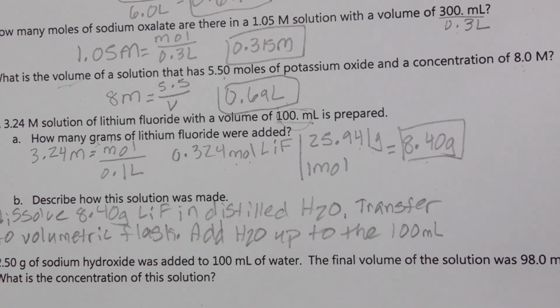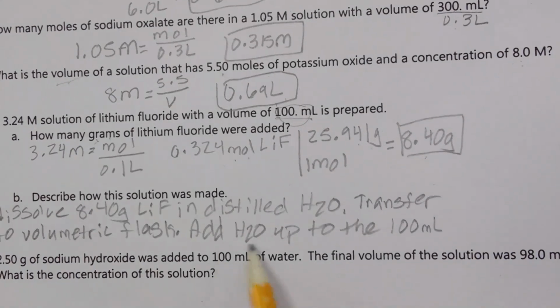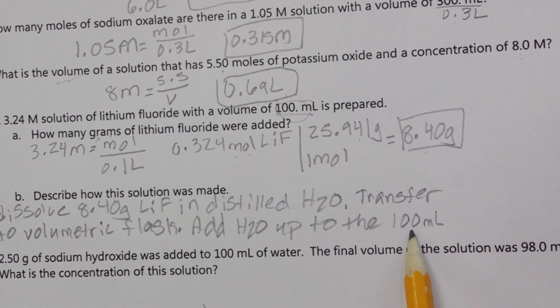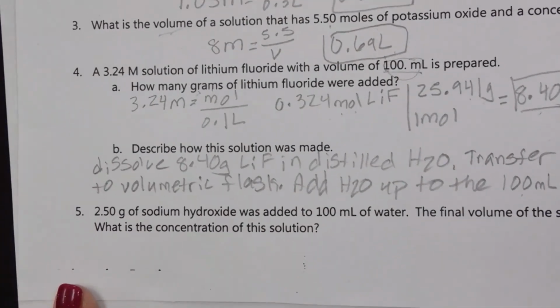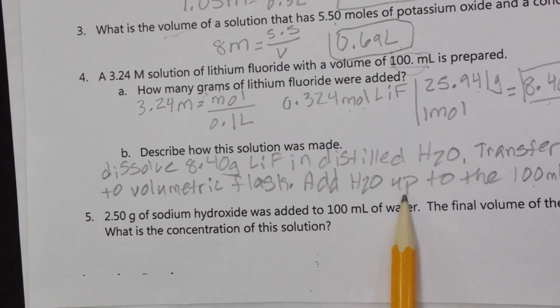It may equal 62. It doesn't always add up because of the intermolecular forces and those attractions between the ions in that solution and the polar water. So we will dilute up to the 100 mil mark. Very important, guys. Very important concept.